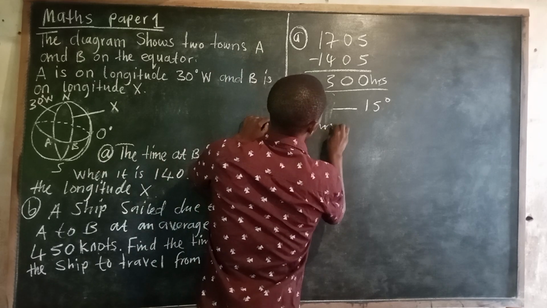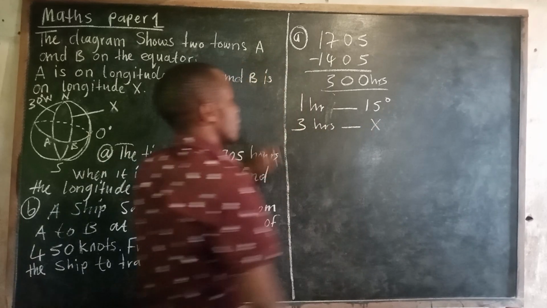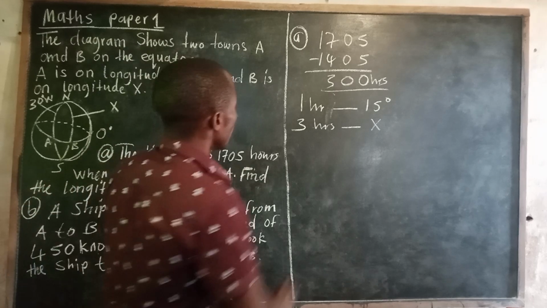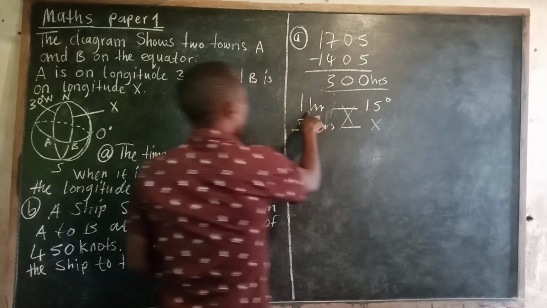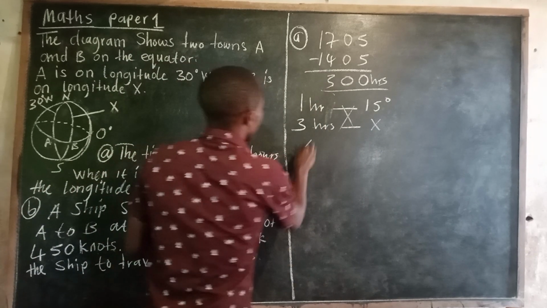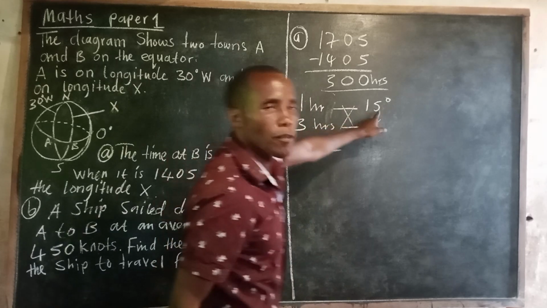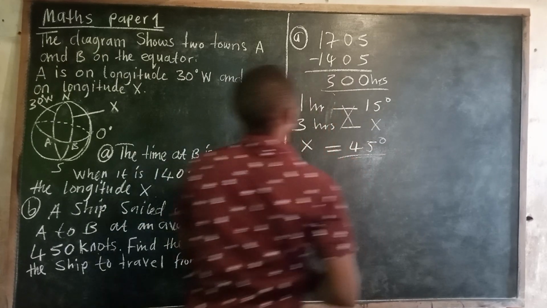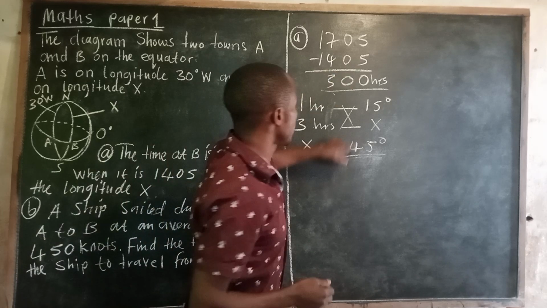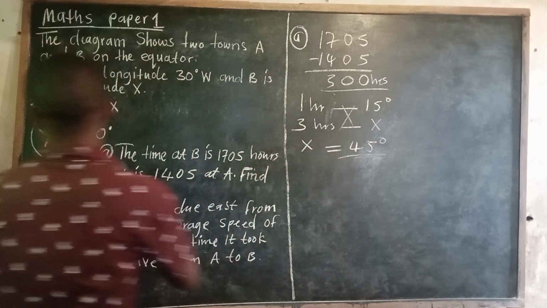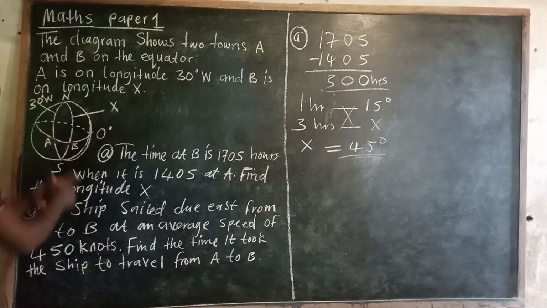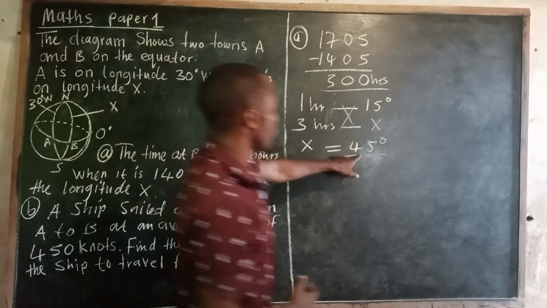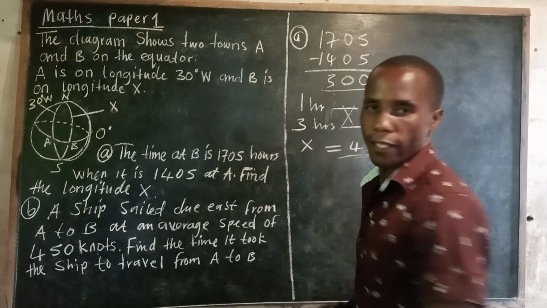For 3 hours, we don't know the degrees, so let us cross multiply. x times 1 is x. Then 3 times 15 is 45 degrees. So the difference between point A and B in degrees is 45 degrees.